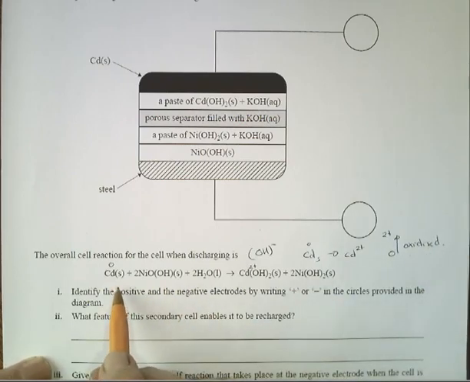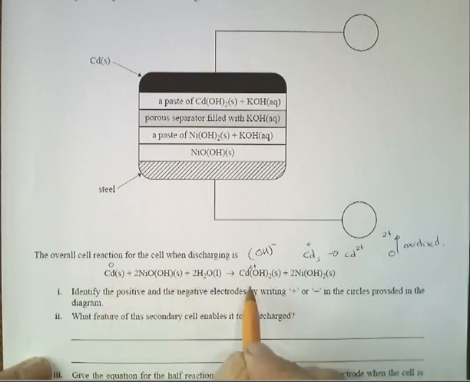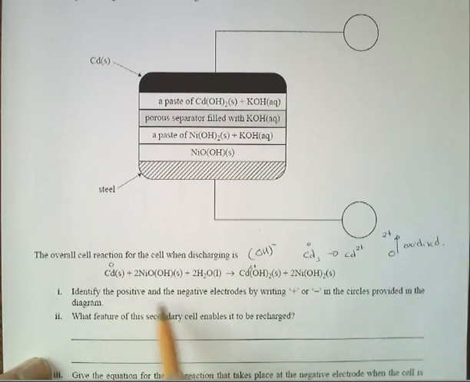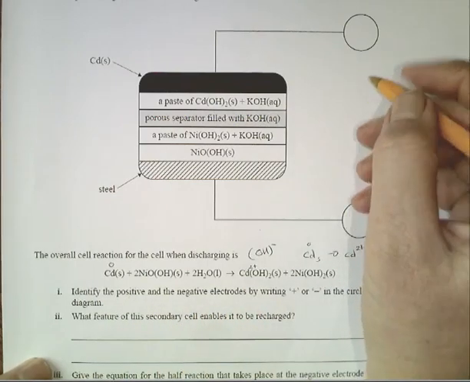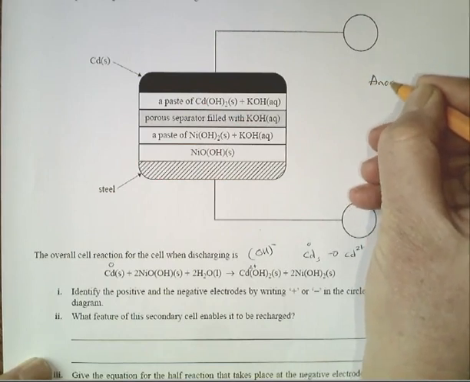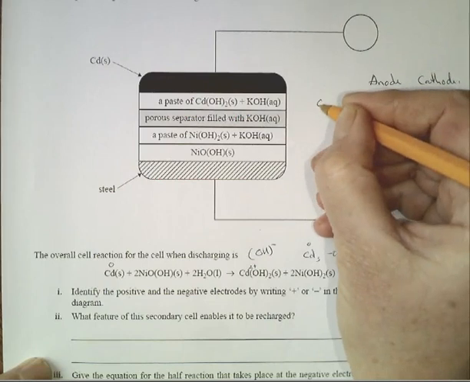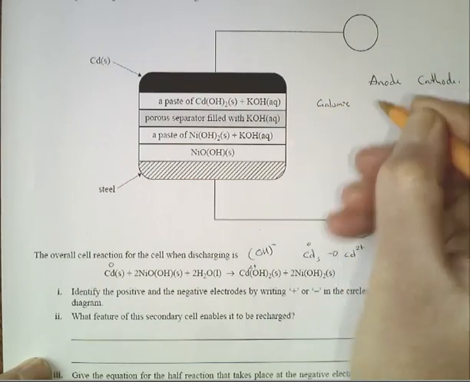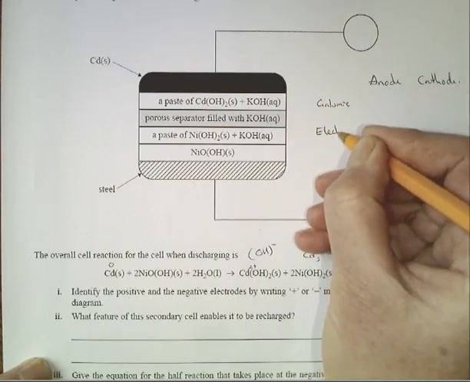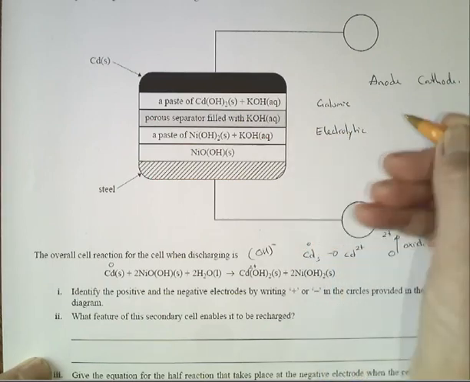So if you haven't done the previous one and you didn't know much about it, you could see that the cadmium has been oxidized. Identify the positive and negative electrodes by using a plus or minus. So you need to know that little table, the anode and the cathode. If it's a galvanic reaction or electrolytic, what charge are they?